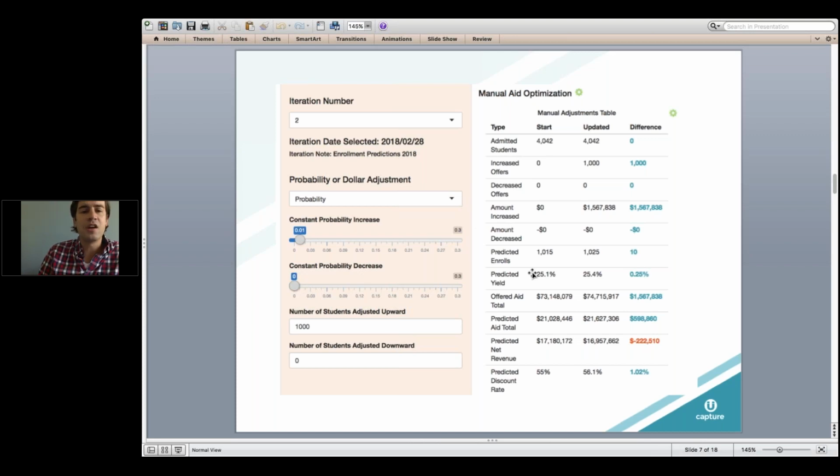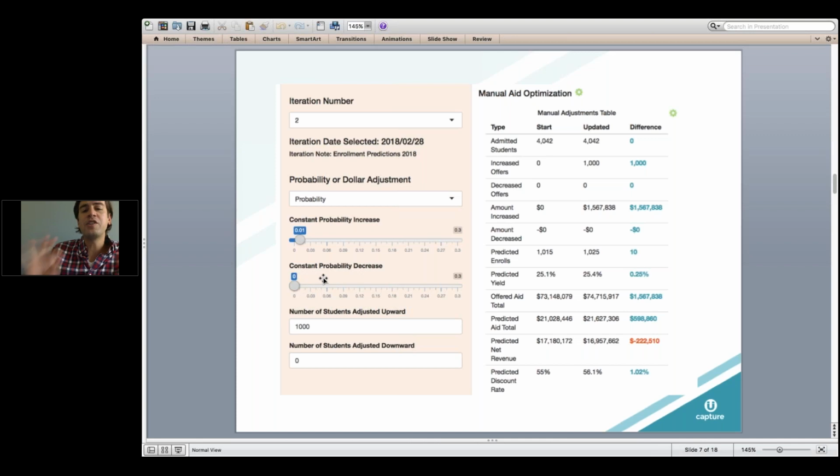On your end, you can tweak this in any number of ways to meet the needs of your class. So how many enrollments you need within the financial aid budget that is acceptable.